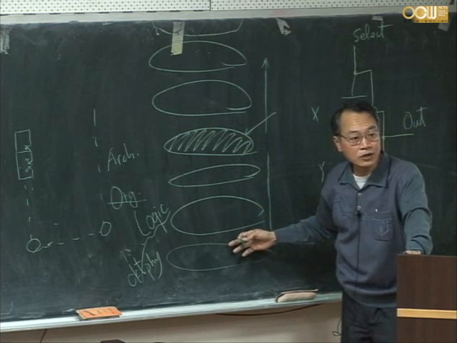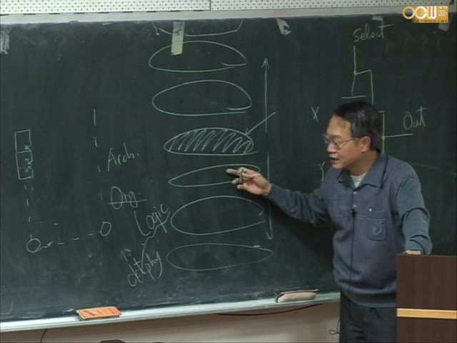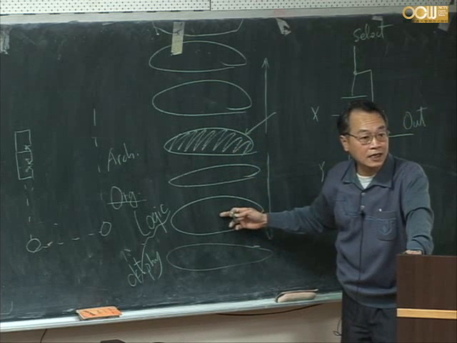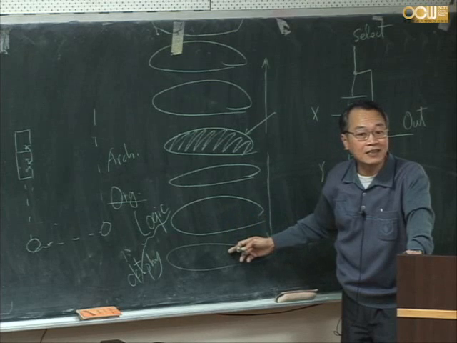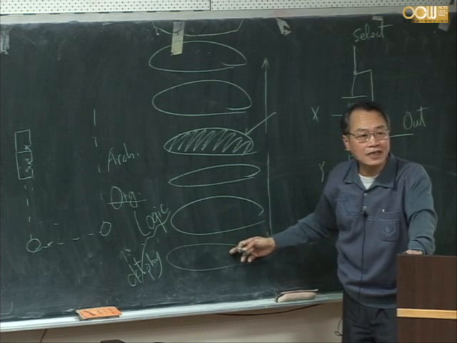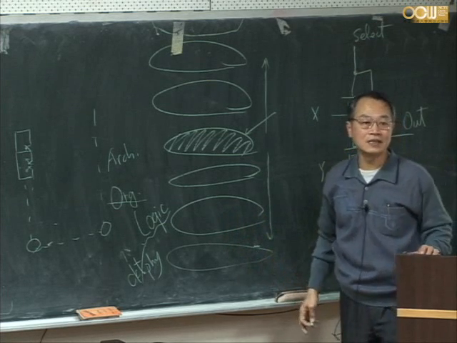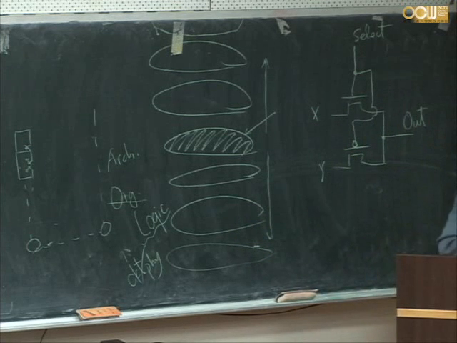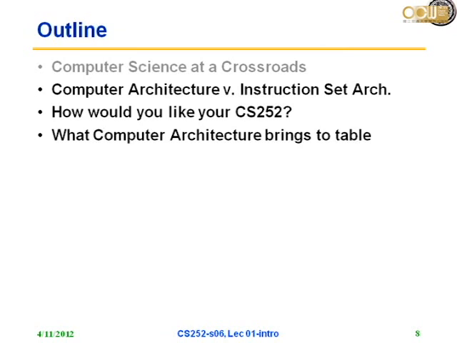So I want you to know something about computer organization, computer logic design, and semiconductor technologies. At least some fundamental ideas so that when I say, maybe we should build the computer in this way, you can make your own judgment whether what I'm saying is feasible or not.